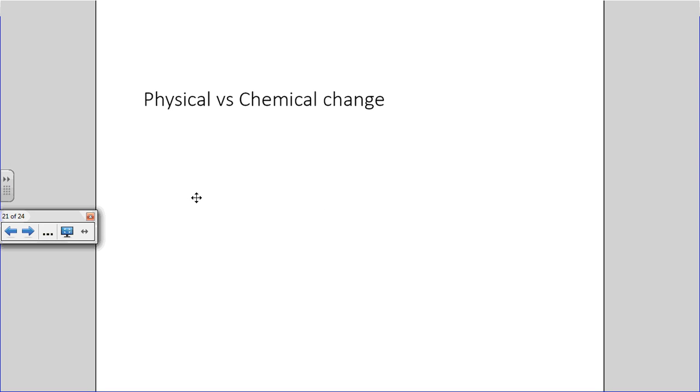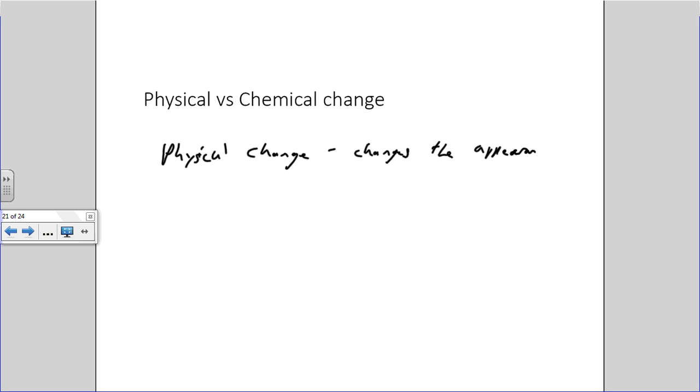So, next, physical versus chemical change. This was kind of the last topic we talked about. A physical change changes the appearance of a substance.